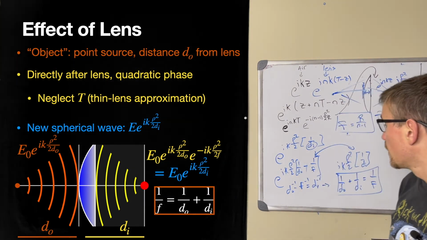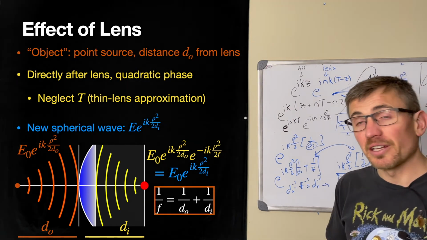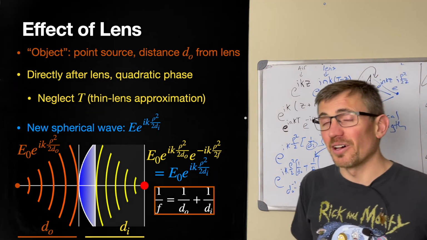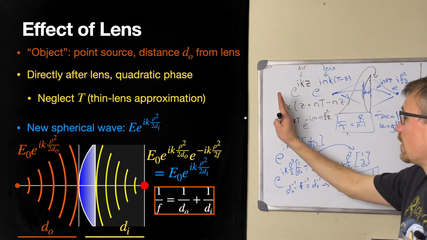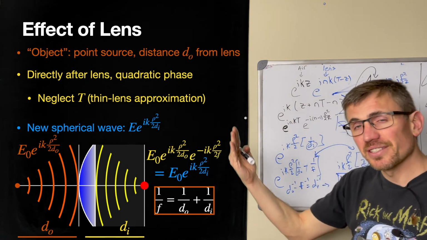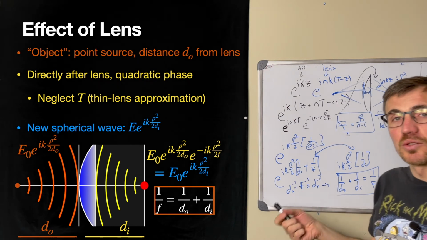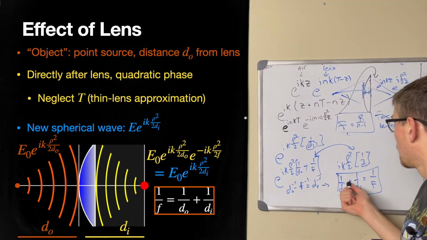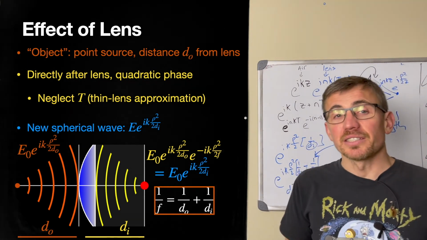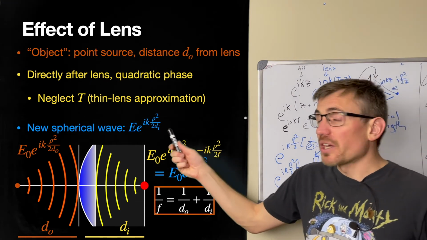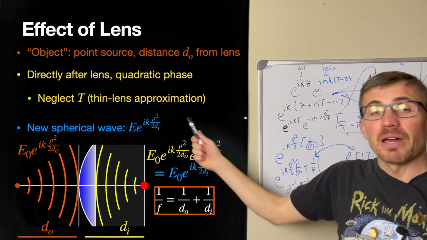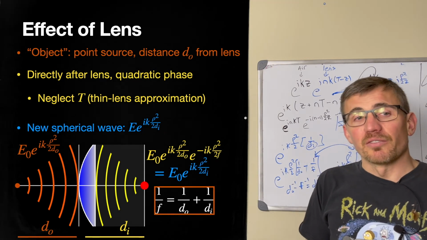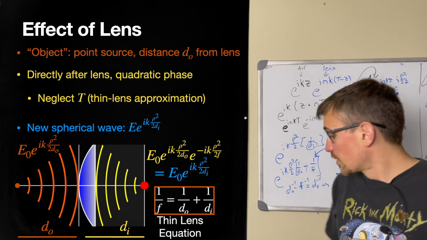This is something we're going to derive in a completely different way with Snell's law, but we can see that just looking at it in terms of diffraction and wave fronts that impart this quadratic phase, we get this equation which tells us that if I have in general a spherical wave input into a lens, it gets mapped into another spherical wave, given by this thin lens equation.